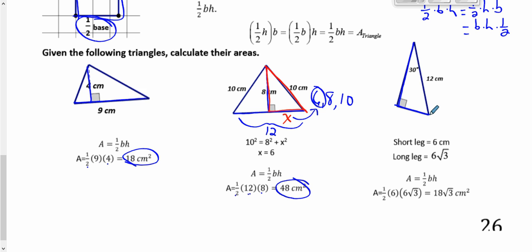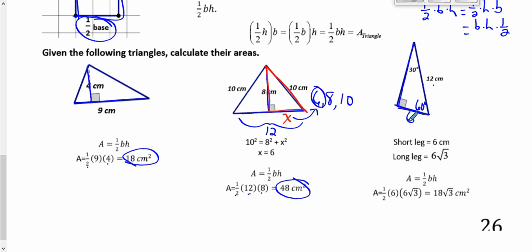In this last example, we don't have a height, nor do we have a base. But we do have a special right triangle. We have a 30, 60, 90 right triangle, for which they've given us the hypotenuse. I hope you remember that when you get this particular triangle, you need to find the length of the short leg before you can do anything else. Well, they've given us the hypotenuse. We know the short leg is half of that, so that's 6.